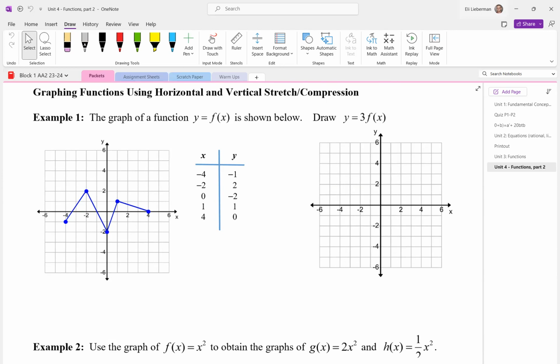So when I do that vertical stretch, right in the middle of that vertical stretch is 0, specifically the x axis. So let's take the points and stretch them so that the y values are stretched by a factor of 3. Let's dot in the original function first.